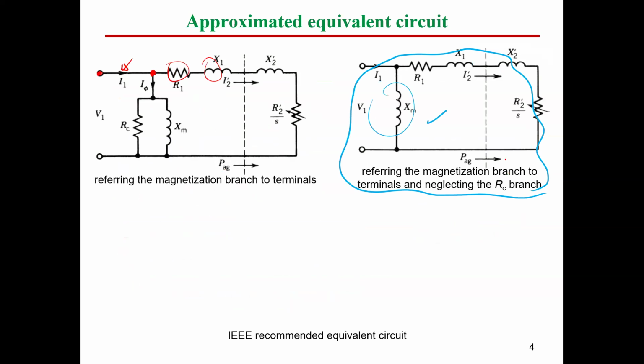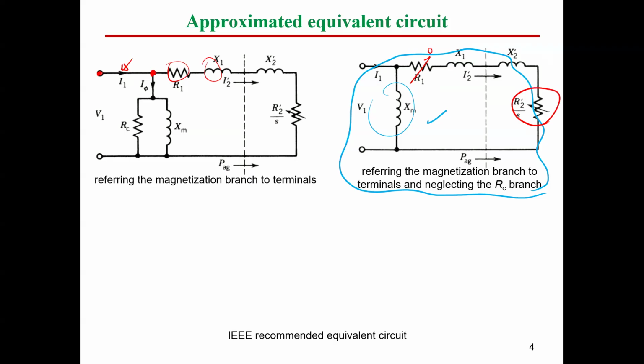So here is our equivalent circuit. This is R2 prime divided by S. We mentioned, guys, that we may neglect the stator resistance here, so this can be neglected sometimes. Can we neglect the rotor resistance as well? It's impossible.